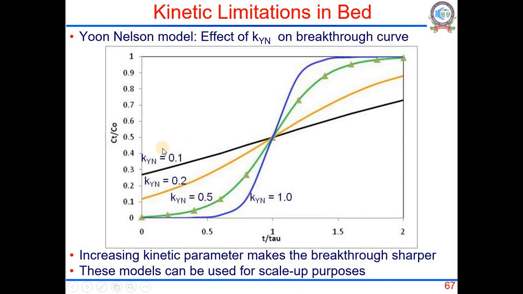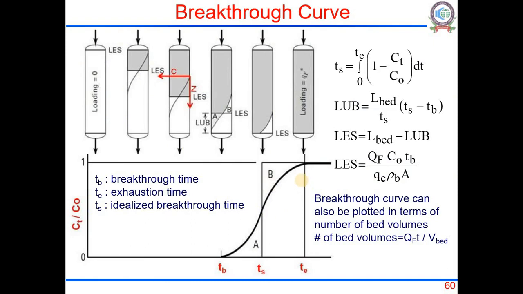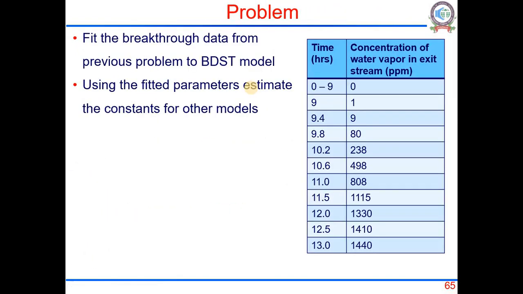Increasing this kinetic parameter, the breakthrough curve is going to become sharper and sharper. If KYN was infinity, this breakthrough curve would be just a straight line, the idealized breakthrough model. Look at this. That's the meaning of this kinetic constant.